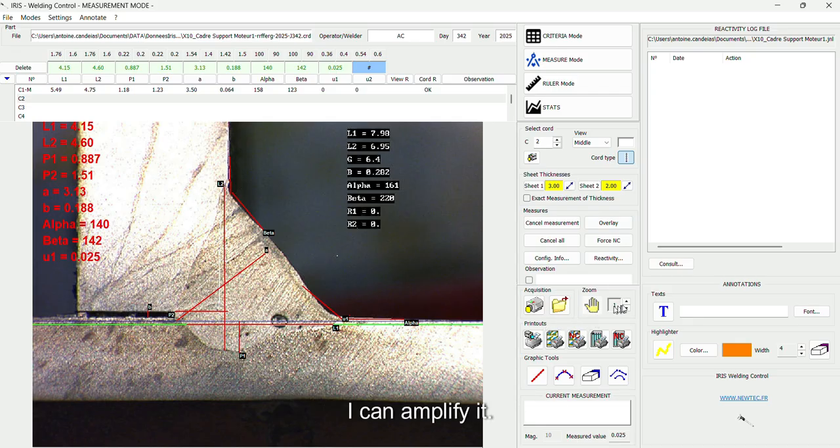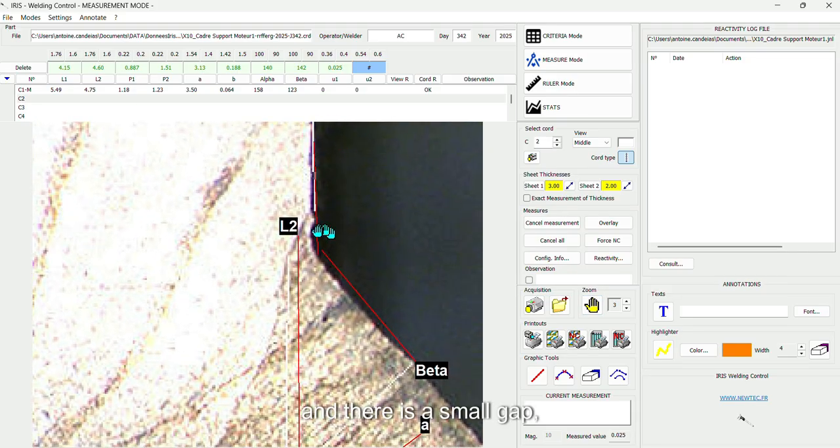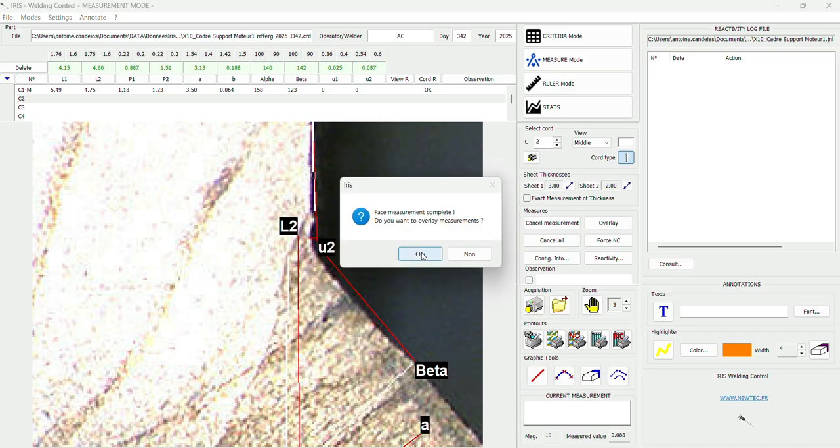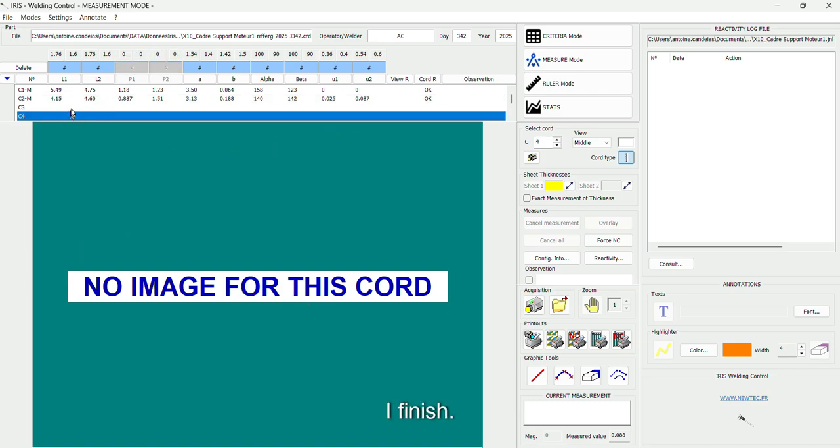Here, I can amplify it. I move, and there is a small gap, nothing, but I can measure it now, from there to there, and overlay again. That's good, and I finish.